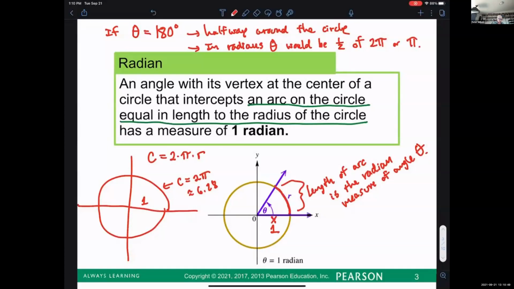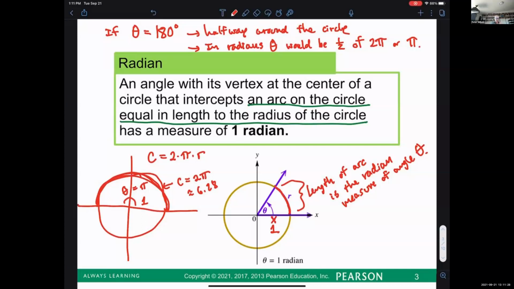So the radian measurement of the 180-degree angle halfway around the circle, the radian measurement of this theta, is equal to pi. So pi is going to show up again and again and again when you're using radians, because it's this weird irrational number, 3.14159, etc. But you get 2 pi when you go all the way around the circle. So you get 1 pi when you go halfway around the circle.